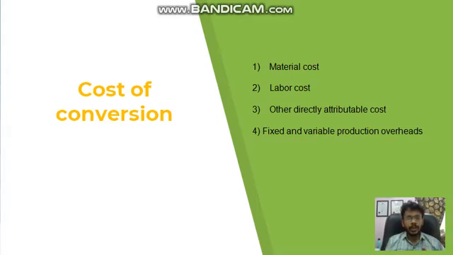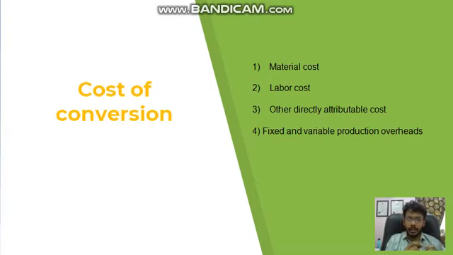Now those raw materials are being processed, being converted into the semi-finished or the finished goods state, which we call shoes. All those expenses which are being incurred to convert those raw materials into the semi-finished or the final stage are known as cost of conversion.